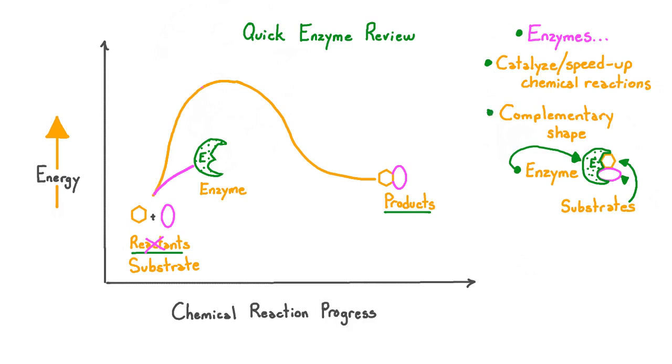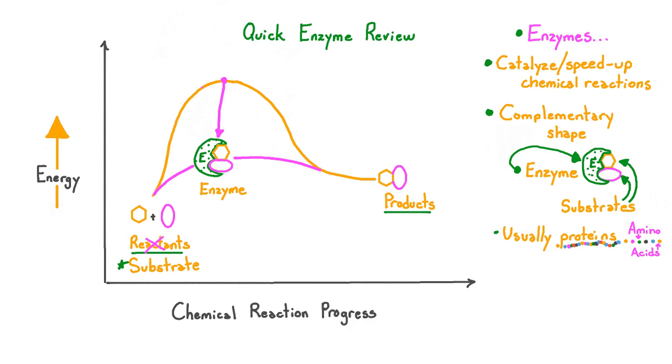That means they fit together sort of like a lock and key. And the term substrate replaces the term reactant when the chemical reaction is controlled by an enzyme. This allows the bonds of the substrate or substrates to rearrange to those of the product or products while reducing the energy requirement for the reaction.